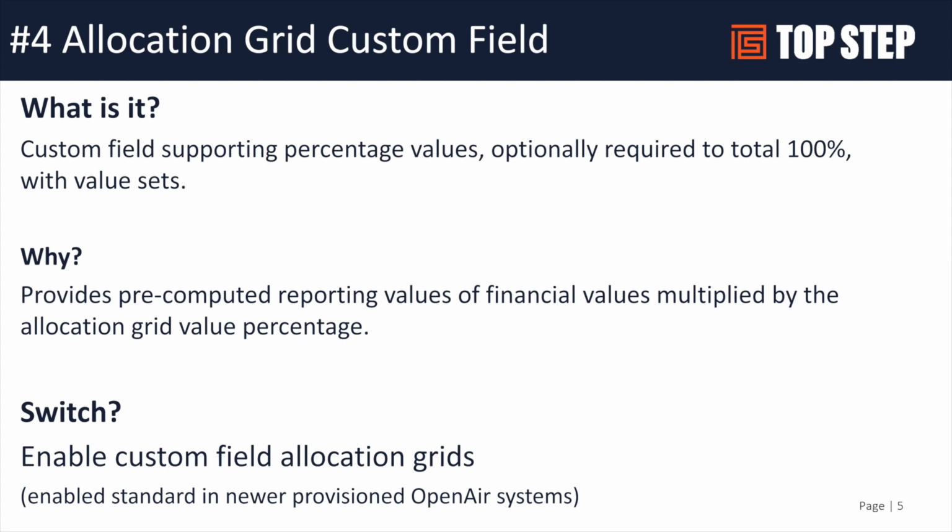We bring over opportunities from Salesforce into OpenAir at different stages of the sales process, and we want to be able to forecast based on the probability of the stage of that sales process. And so you could create a custom field on the project, and you could store the probability as a decimal.